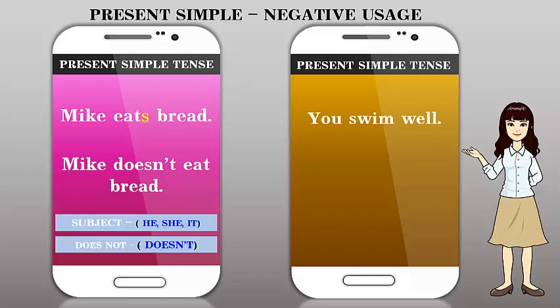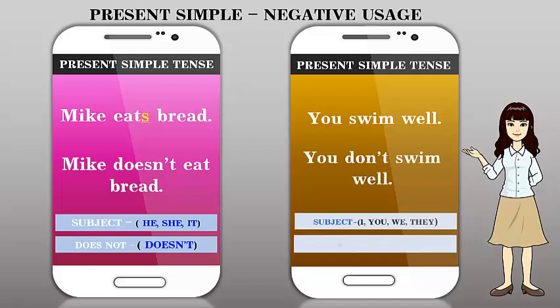You swim well. In this case, I don't need to put an s at the end of swim because the subject is you. If you want to make this sentence negative, I use don't. You don't swim well. I use the contraction for do and not.